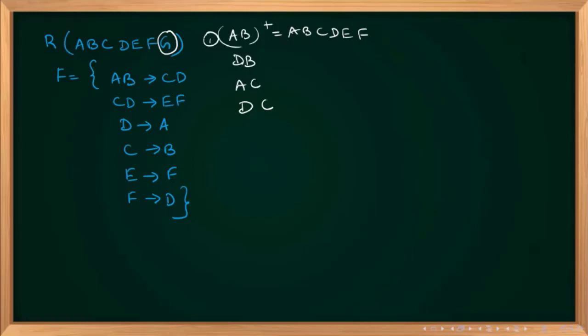Now instead of D, I can substitute F, so FB and FC. Now instead of D, E is not there. Now F, I can substitute two things, this one also, this one also. Instead of F, I can substitute CD, but CD is already there.